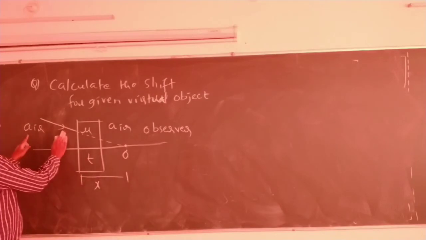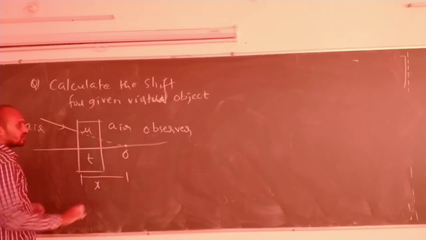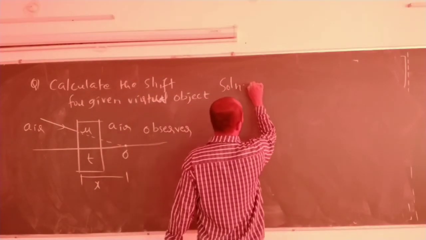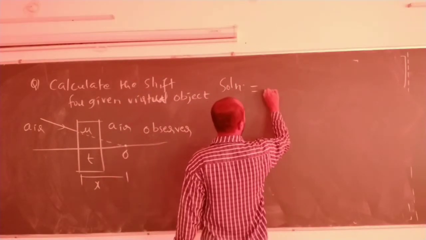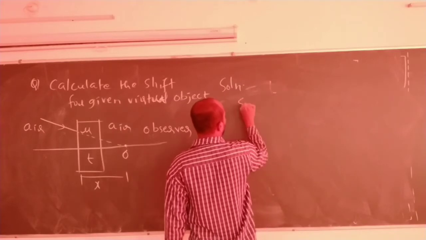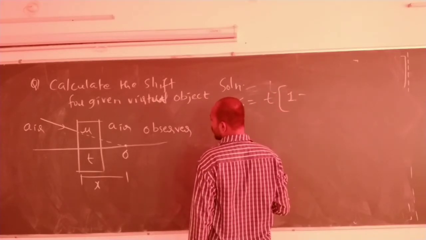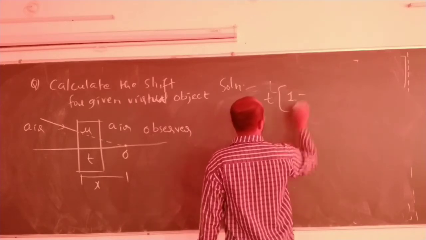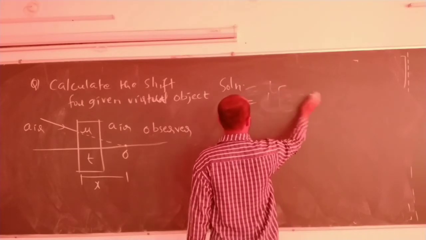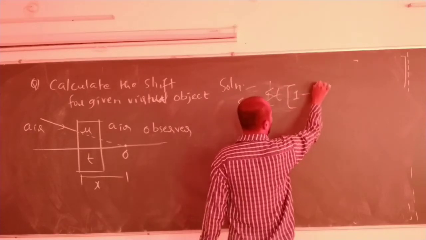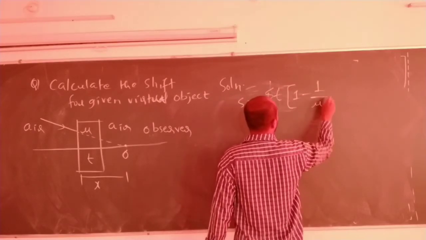See here, this is air medium, this is air medium, this is mu. So generally, what is that? Shift, if you look at this, it is given by summation of T into 1 minus 1 divided by mu.